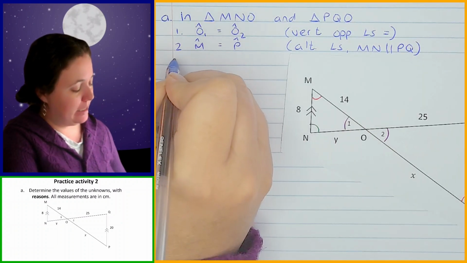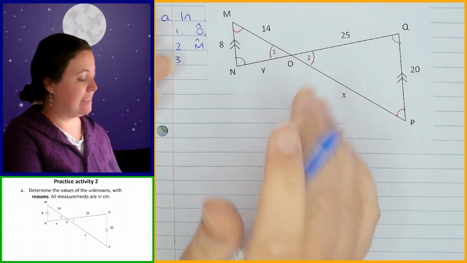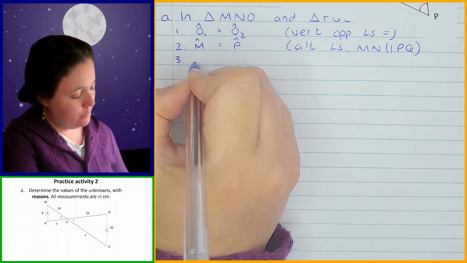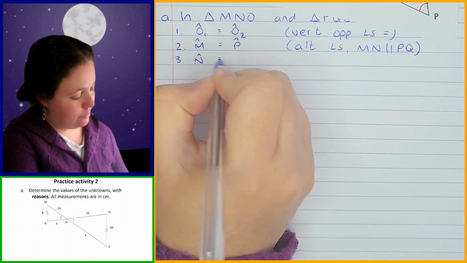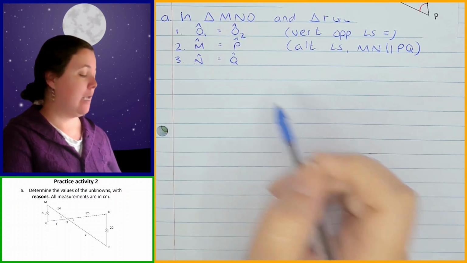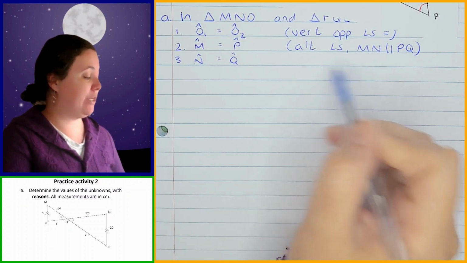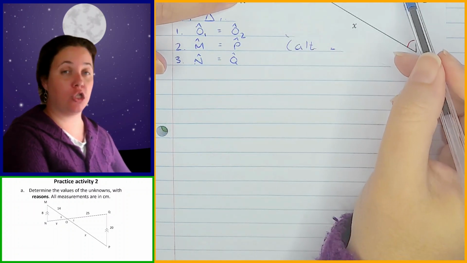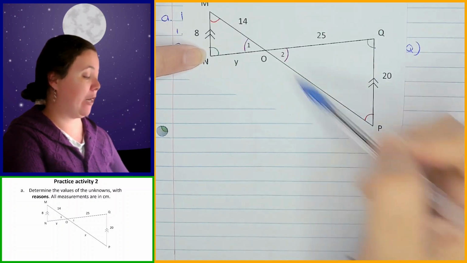And then finally, I can say that angle N is equal to angle Q, now I have two possibilities for my reason over here. I could say that they're equal because they're alternate angles because of the parallel lines.